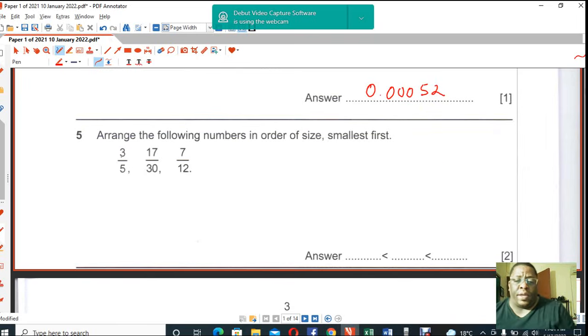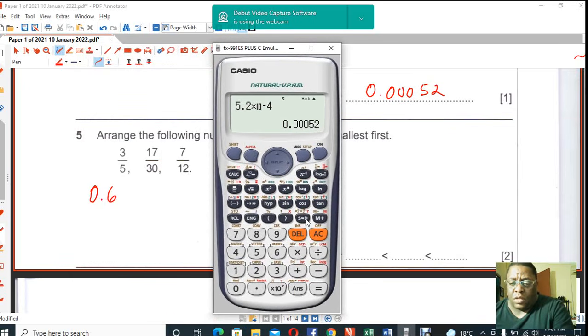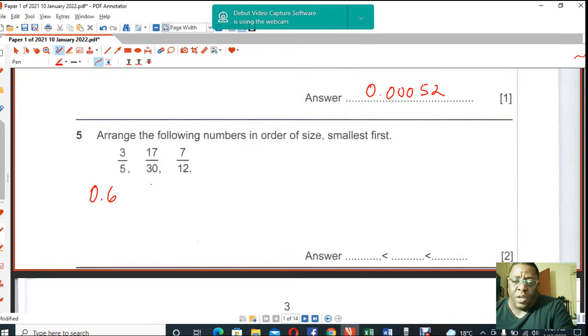Well, for these ones, I suggest you grab a calculator. Maybe you change them to a decimal, and then you can go ahead and look at what 17 over 30 is. So 17 over 30. Well, it's always easy if you have some sort of method. Okay, we'll look at that when we mark. So it's 0.56, and obviously that 6 is recurring. So this value here is 0.5666 and so on.